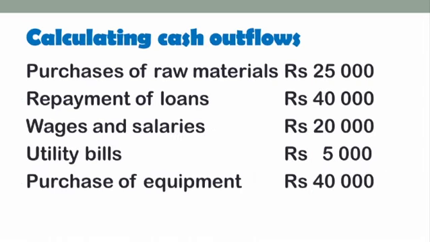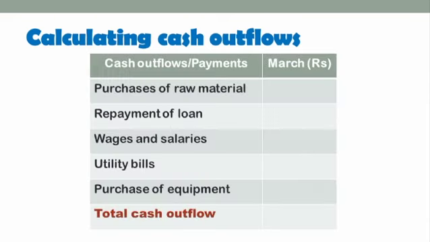Now we will look at how to calculate cash outflows. For example, in the month of March, we have purchases of raw materials, 25,000 rupees, repayment of loans, 40,000 rupees, wages and salaries, 20,000 rupees, utility bills, 5,000 rupees, and purchase of equipment, 40,000 rupees. We put it in this tabular form.